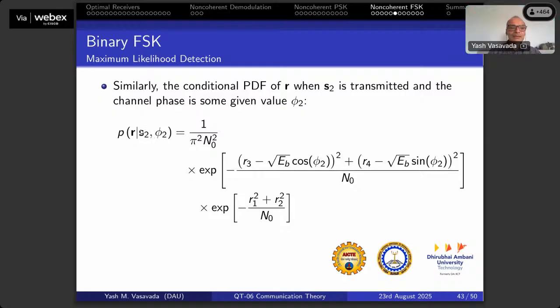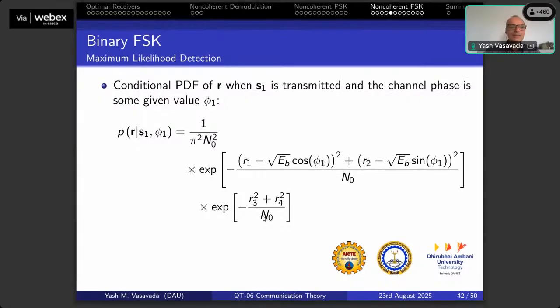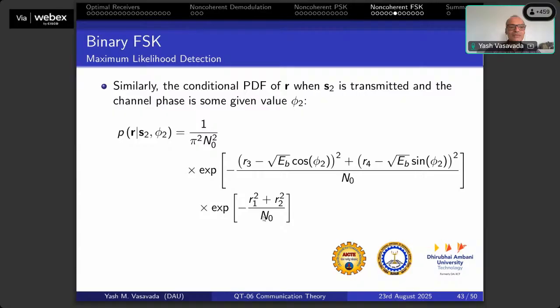When S2 is transmitted, the conditional PDF now has terms of cosine and sine of phi2 that determine the mean corresponding to R3 and R4. And the mean corresponding to R1 and R2 is 0 because we are transmitting S2, not S1. Right? So you will see the difference. This is the conditional PDF for S1. This is the conditional PDF of S2.